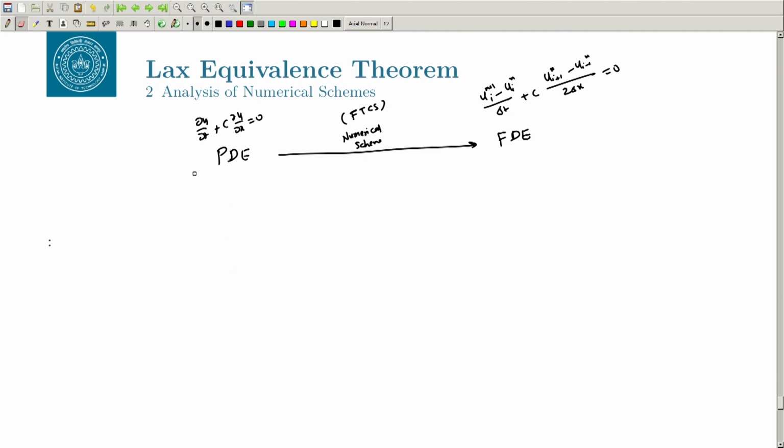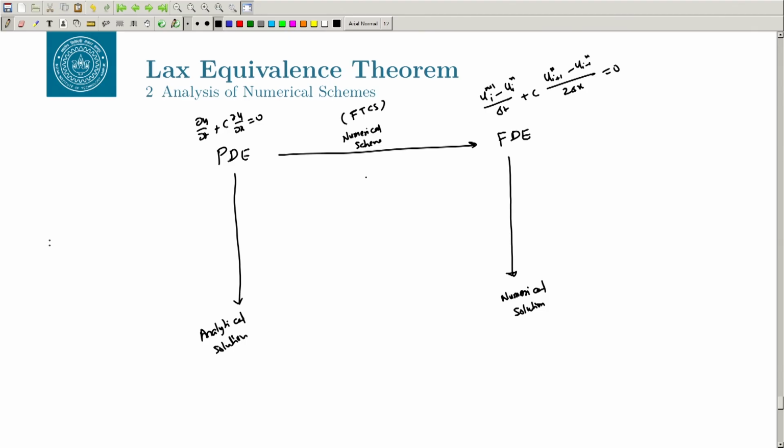Now, from your PDE you can have a solution. Let us call it the solution of the mathematical model, or the theoretical solution, or the analytical solution. When we solve this equation, the FDE, you will have a solution. Let us call it the numerical solution or the computed solution. But in between, because you are using a particular numerical scheme, you will have the exact solution of the numerical scheme.